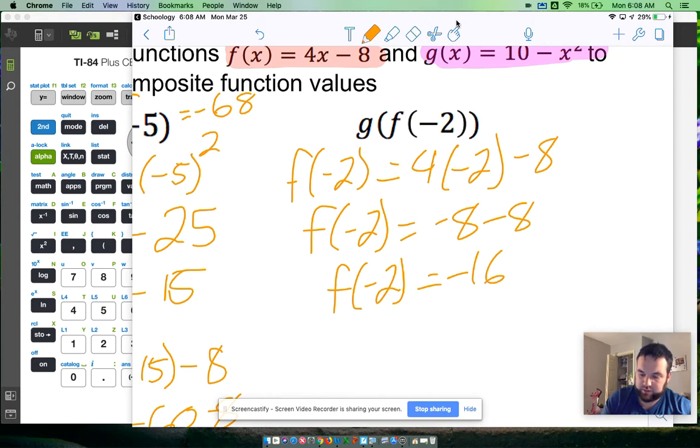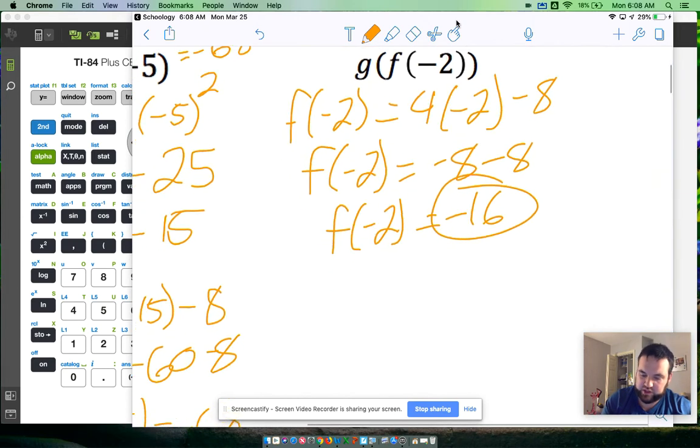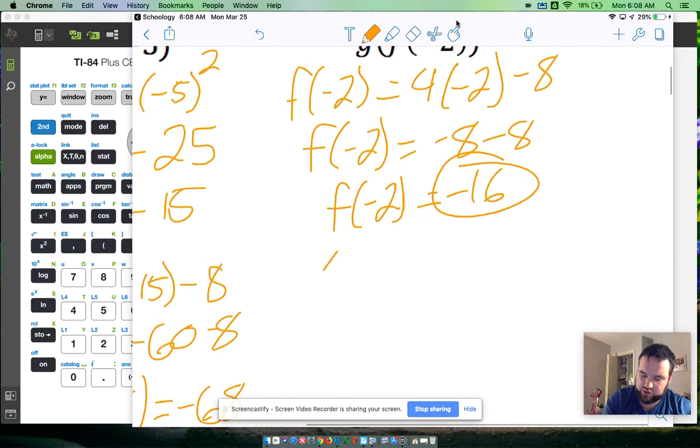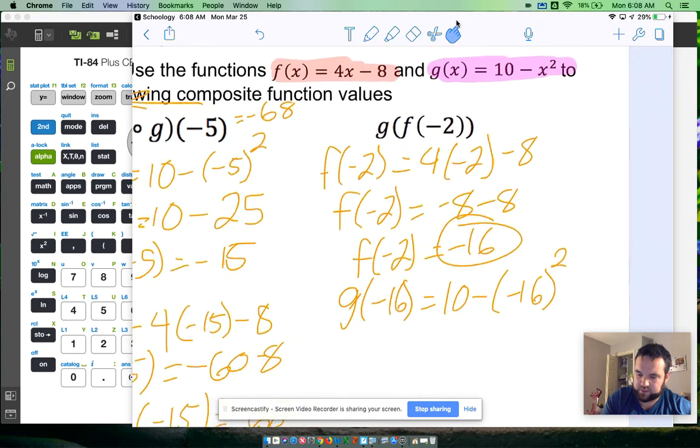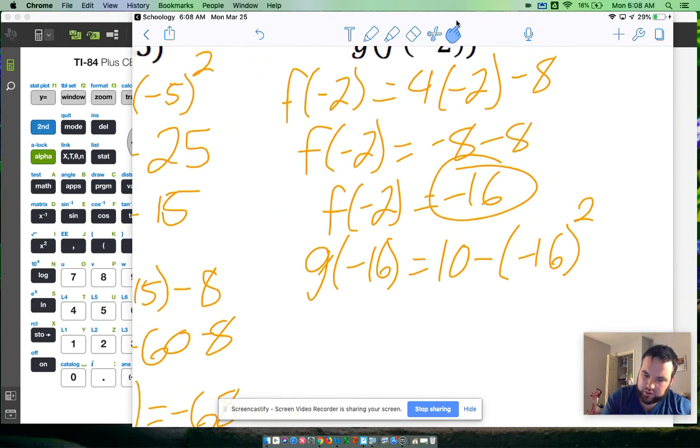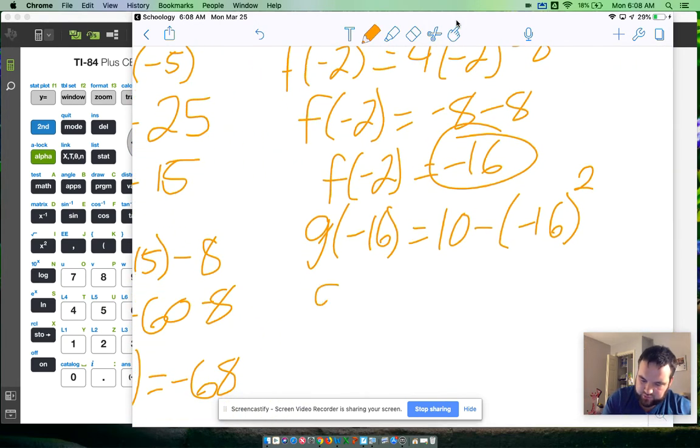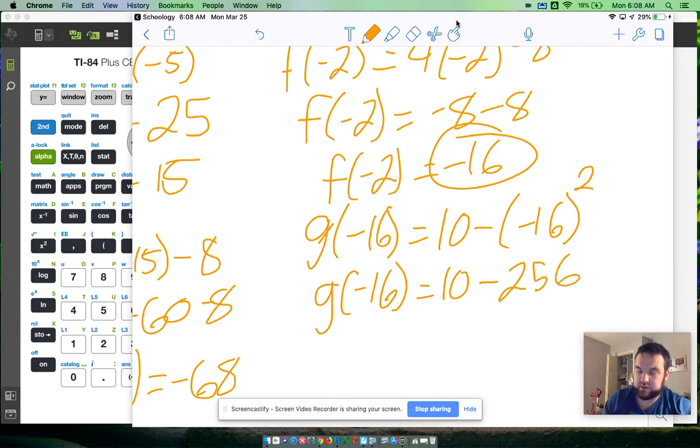Now again, this will be my input to g. So g of -16 equals 10 minus x squared. If I evaluate this, g of -16 is 10 minus 256. -16 times itself would be positive 256.